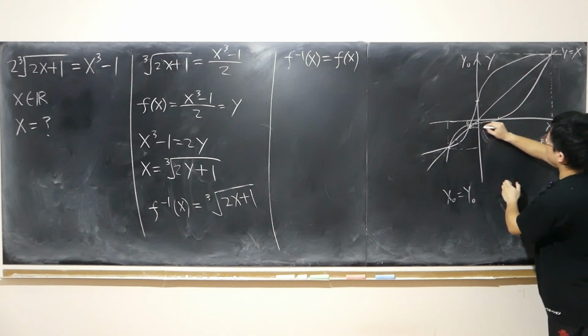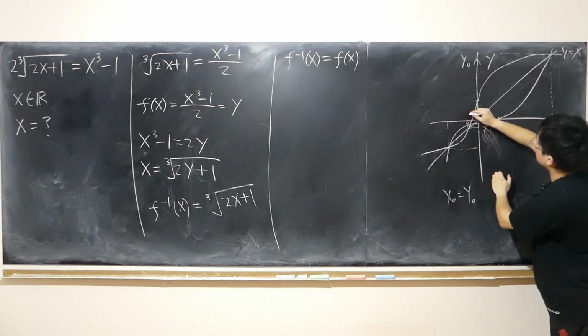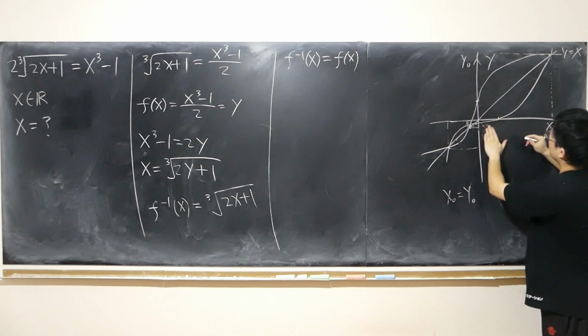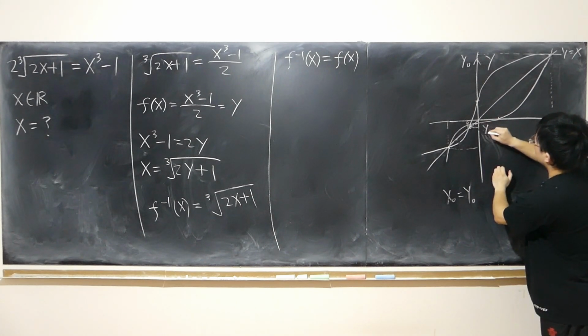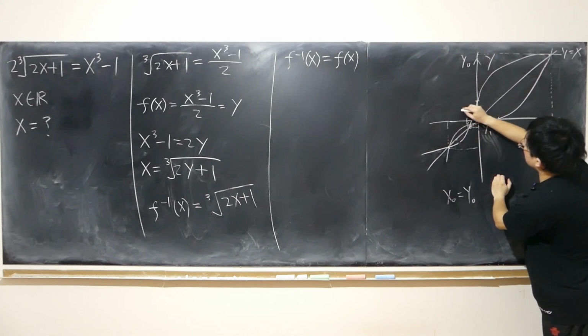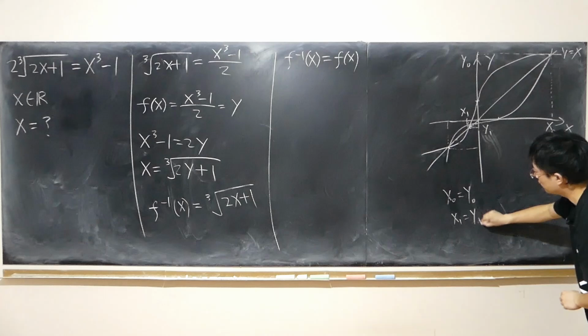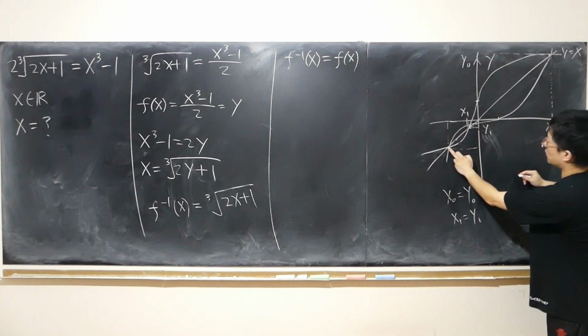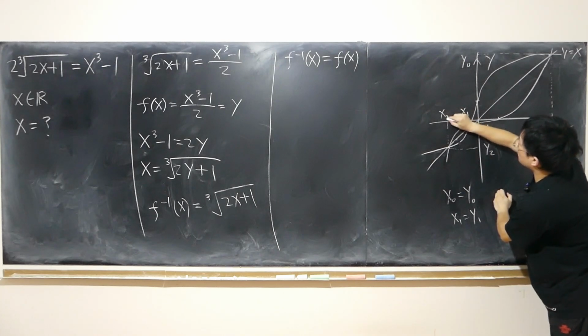So there is this point called x1. Down here is y1, here is x1. x1 equals y1, both negative. And they meet here, so here is y2 and there is x2.